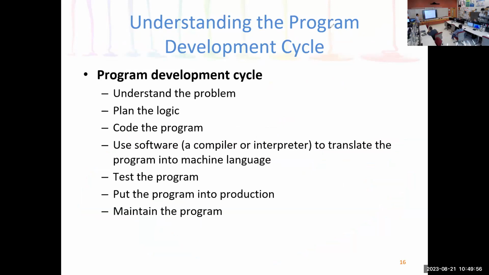You have to plan the logic, you have to code the program, you have to use software, which can be a compiler or interpreter, to translate the program into machine language. You have to test the program, put the program into production, and maintain the program. So basically, for every program, you normally have to go through all of these major phases: understand the program, plan the logic, and so on.